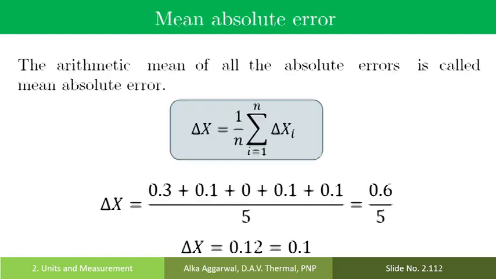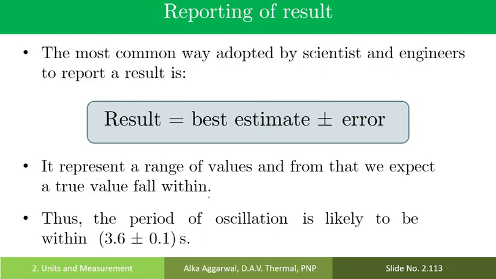After finding the absolute error, we find the mean absolute error, which is the average of the absolute errors. The mean absolute error is the final error. Now, how is the error reported?